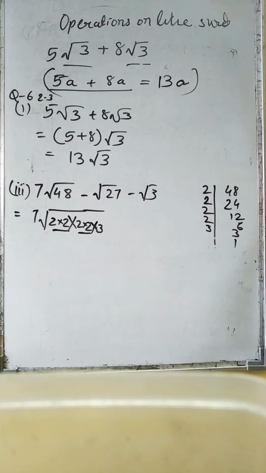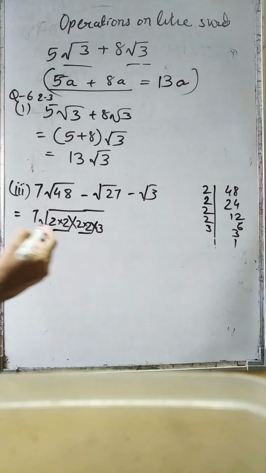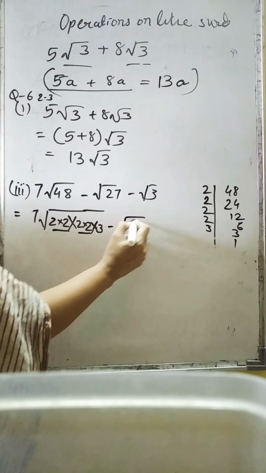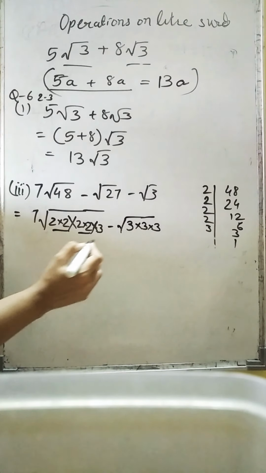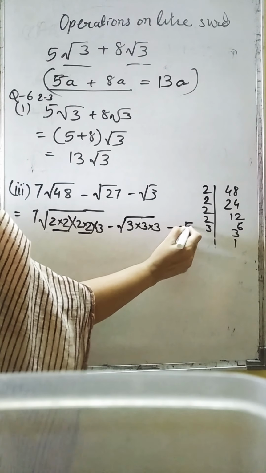Correct? Then 27, can you write down orally? 3 3s are 9, 3 9s are 27. Correct? And then minus root 3.